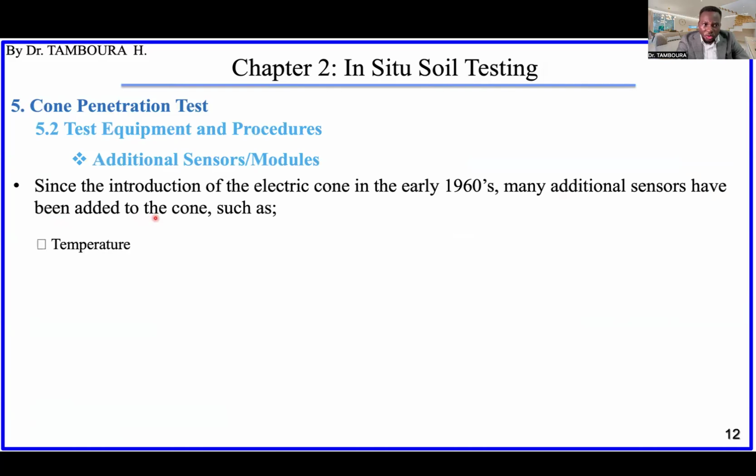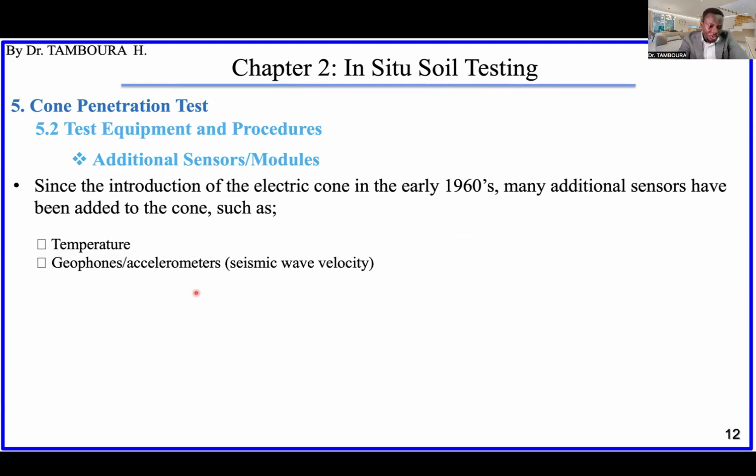So we can measure temperature. We can put a temperature sensor in this electric cone, so it gives us the temperature as the test is going on.